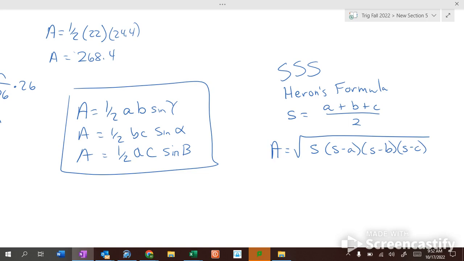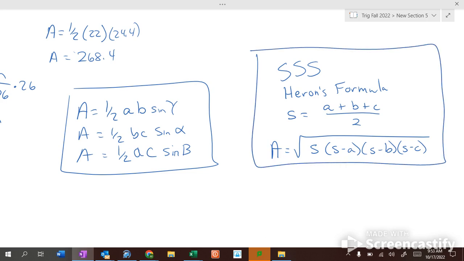It must have taken all kinds of trial and error to figure out a formula for a side, side, side triangle. But this is for a side, side, side. This is for everything else.